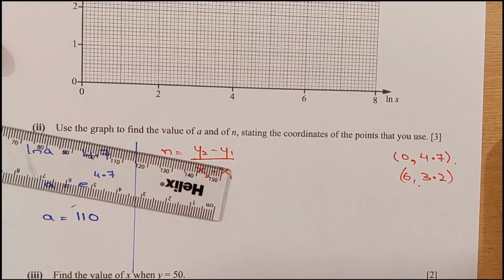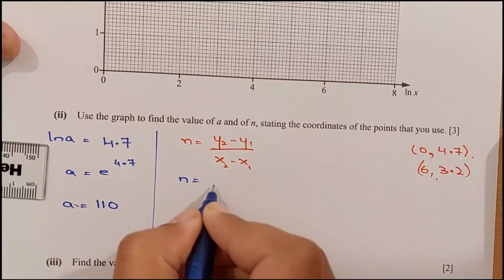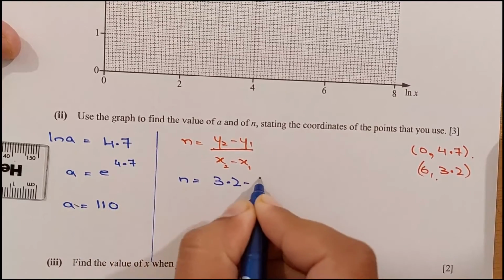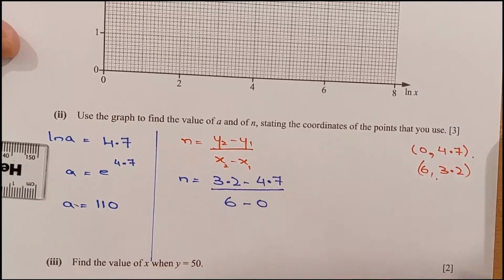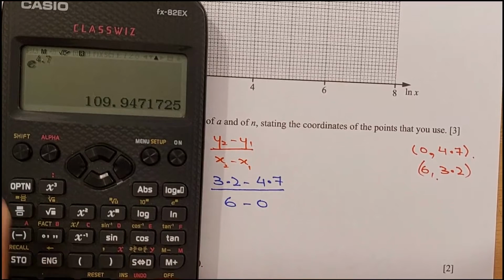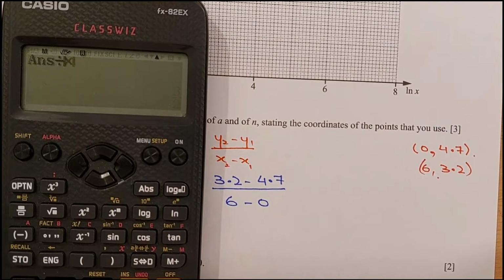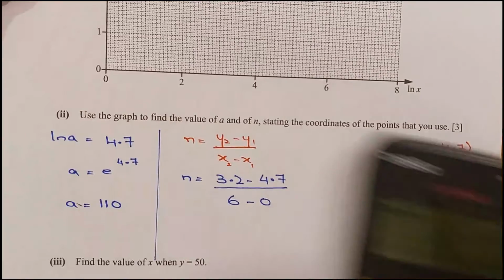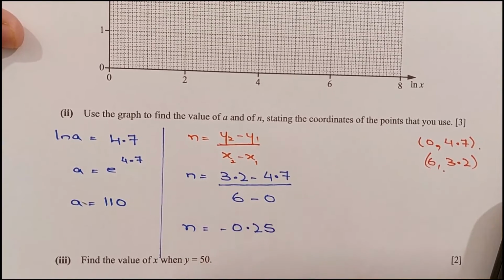Let me substitute into the slope formula. n equals y2 minus y1, 3.2 minus 4.7, over x2 minus x1, that is 6 minus 0. 3.2 minus 4.7, divided by 6, is negative 0.25. n is minus 0.25, right?